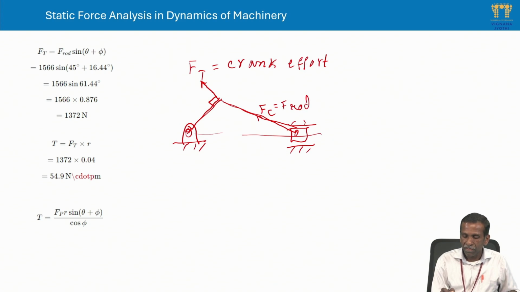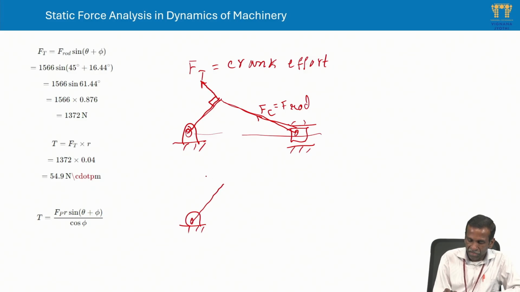So how do we get the force Ft, the crank effort? We can do it in either way. If we extend Fc, it will go like this. Ultimately our objective is to find the torque on the crankshaft.